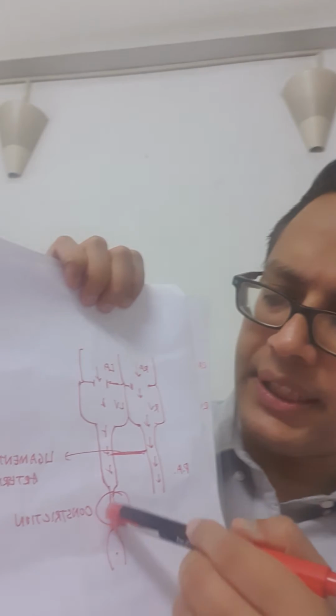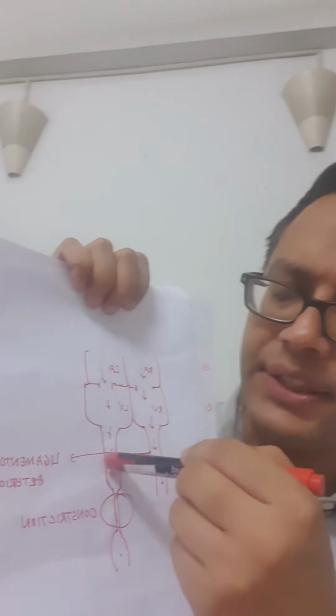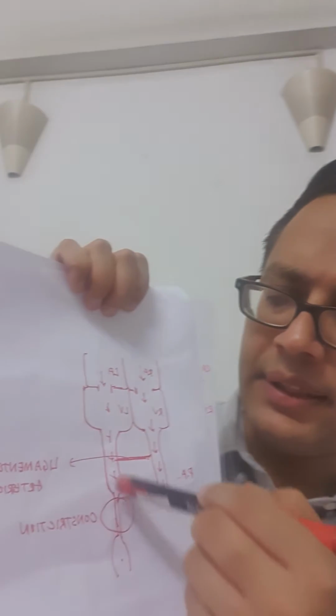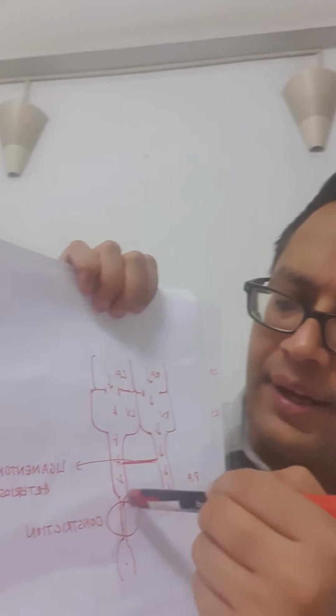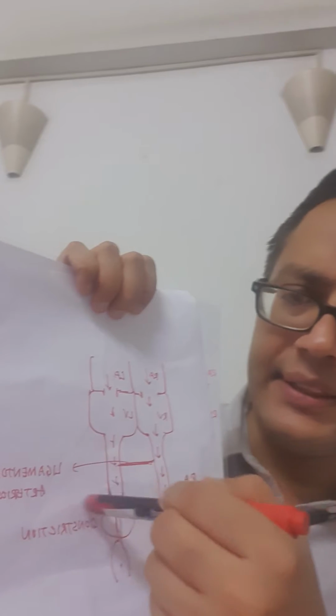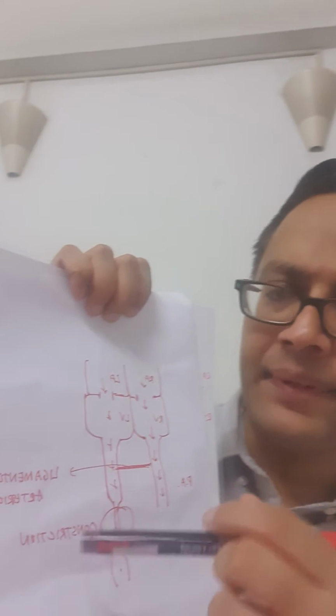And the constriction is basically seen after the insertion of the ligamentum arteriosum. So this is the left ventricle, this is the aorta, and this constriction is after the insertion of the ligamentum arteriosum. So that's why this is known as postductal.